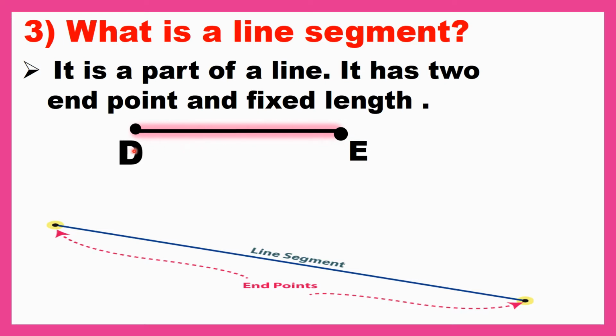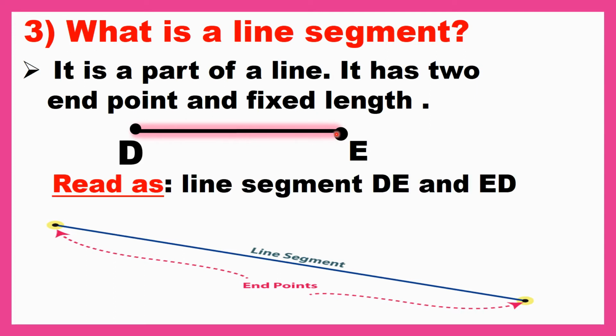It's having one starting point and one end point. We can use a ruler to find the length of a line segment. So students, this line segment will be read as DE and ED.